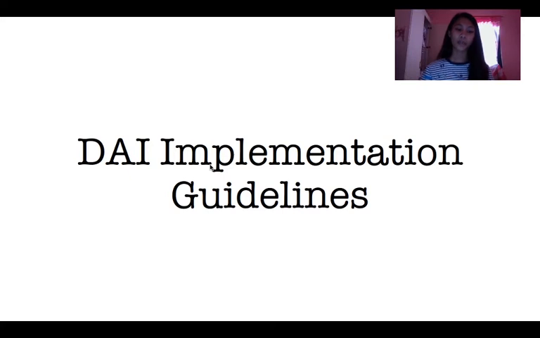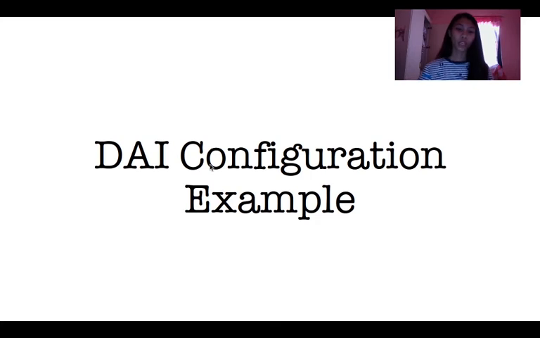Enable DHCP snooping globally, enable DHCP snooping on selected VLANs, enable DAI on selected VLANs, configure trusted interfaces for DHCP snooping and ARP inspection. Next, our DAI configuration example. This is enabled because DAI requires the DHCP snooping binding table to operate.